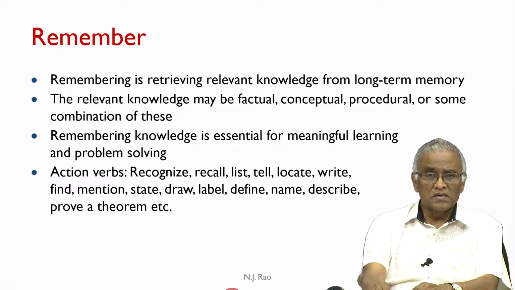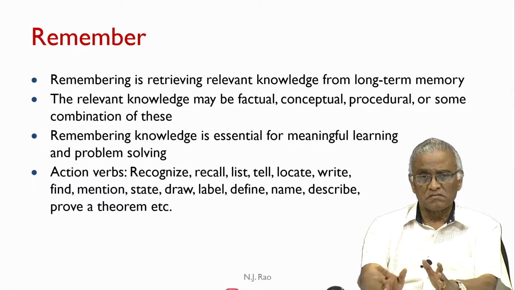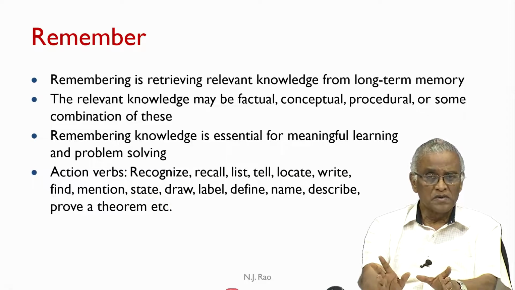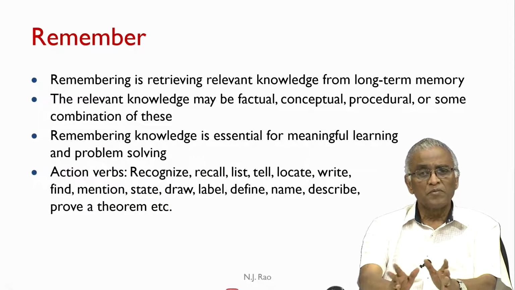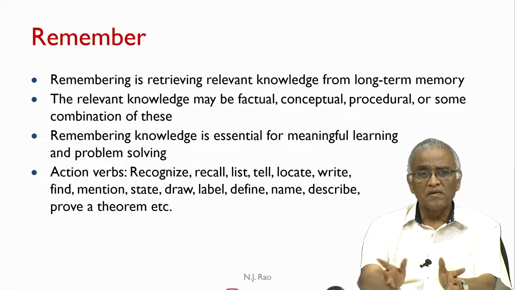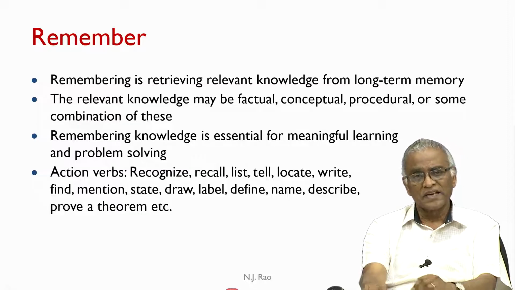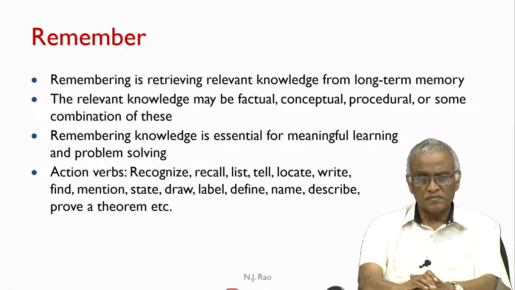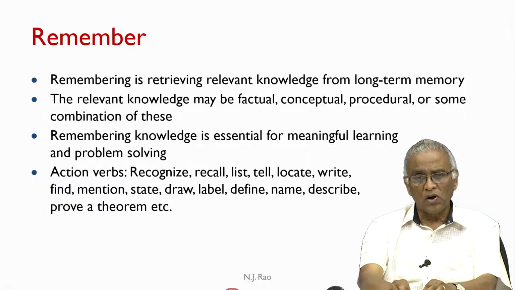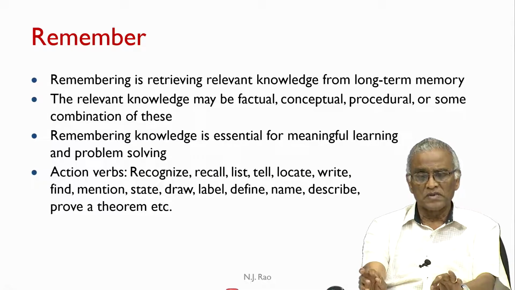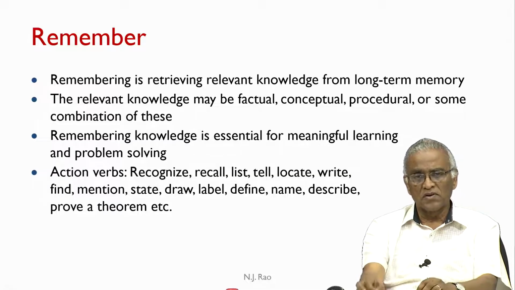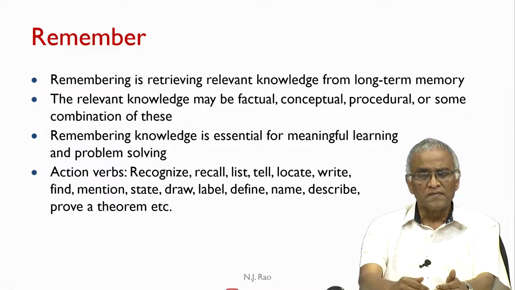The relevant knowledge can be factual information, conceptual information, procedural information, or some combination of these. For example, it can be conceptual: state such a theorem, or give the proof of a theorem. Or let us say you ask, how do you solve a given algebraic equation. The procedure is stored in your long term memory, and you have to retrieve that particular information and present it.